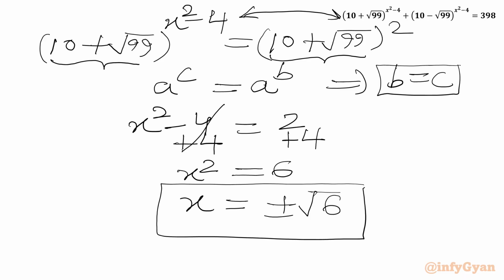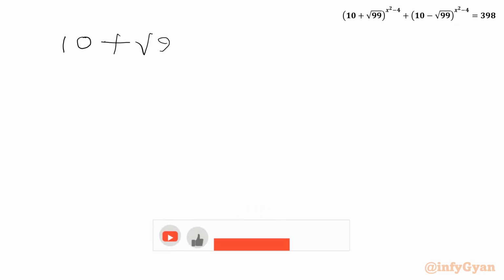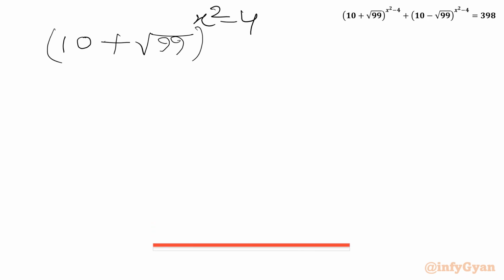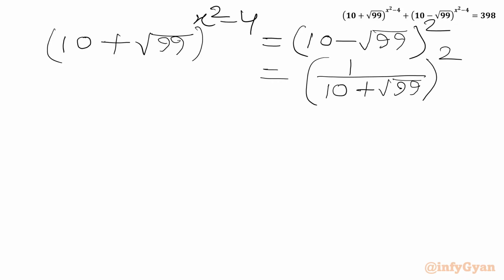Now we have to solve second equation. So I will write 10 plus square root 99 whole power is x square minus 4. This will be equal to 10 minus root 99 whole square. Now we know that 10 minus root 99 is 1 over 10 plus root 99, power is 2. Now I will take our numerator, 1 square is 1.